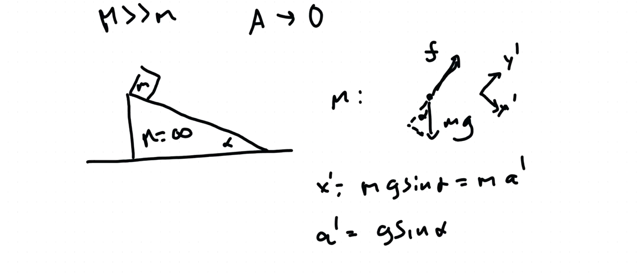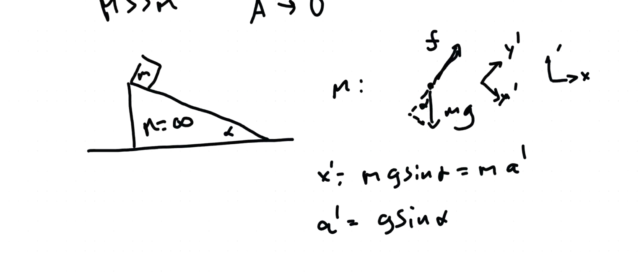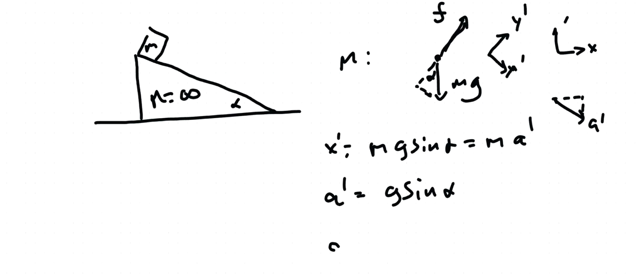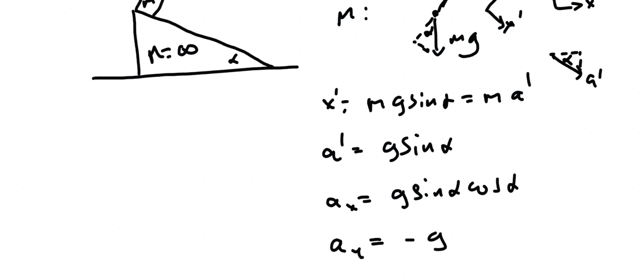If you go back to this reference frame and take your a prime, which is that way, and separate it into x and y components, you get that ax is g sine alpha cosine alpha, and ay is indeed minus g sine squared alpha.